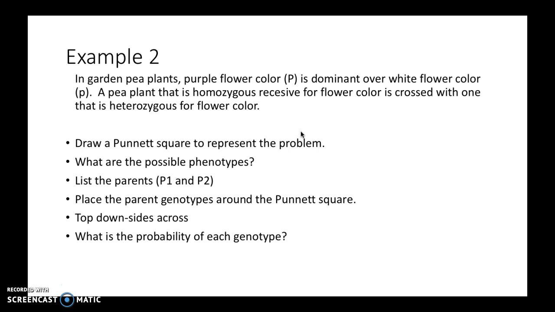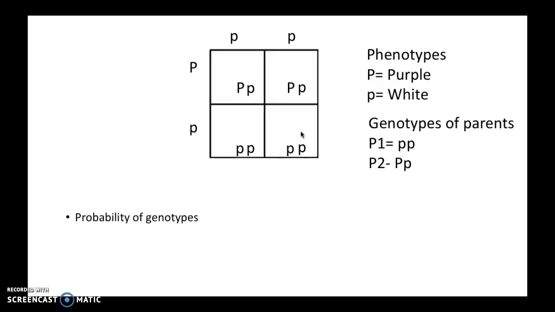What is the probability of each genotype? Remember, genotype, we're talking heterozygous, homozygous, the genetic makeup represented by two alleles. Here we have dominant and recessive, which is heterozygous, dominant and recessive, which is heterozygous, recessive and recessive, which is homozygous recessive, and recessive and recessive, which is homozygous recessive.